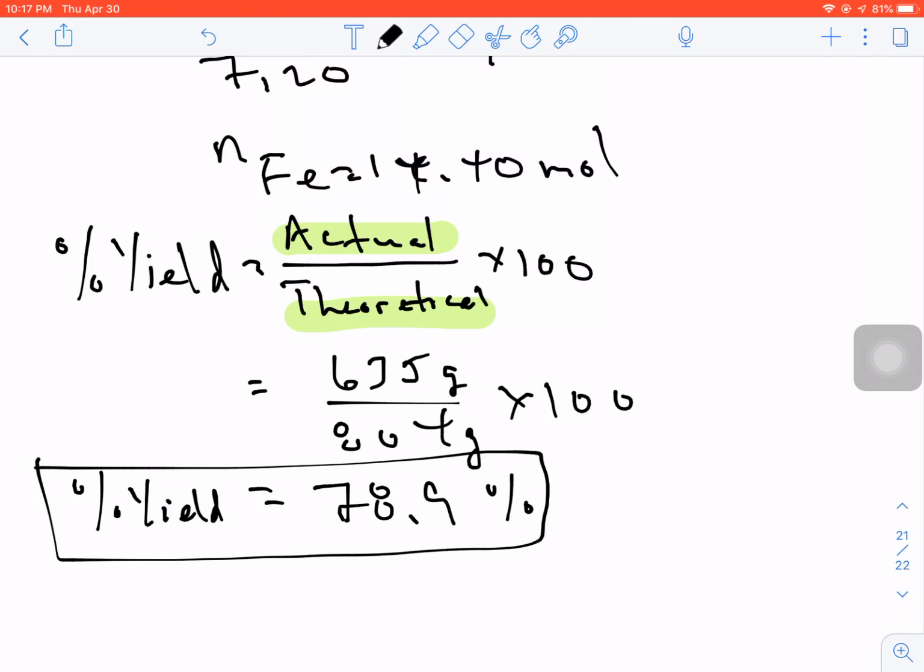Almost 80% of what I thought I was going to get. Again, that's maybe not so good because it means I've lost 20% somewhere. I don't know where that 20% went, but when I did the lab, I got 78.9% of what I expected to get.